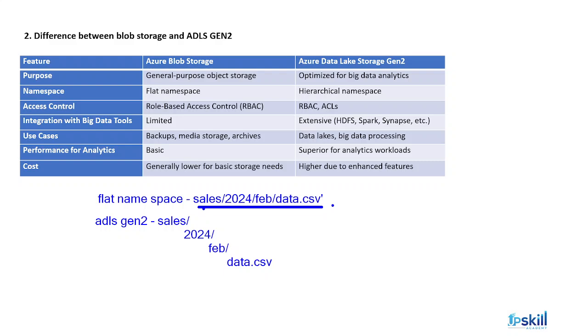You can consider this a kind of virtual folder creation in blob storage. But in ADLS, first the directory gets created, under the directory we can create multiple folders, under the folders we can create files, and under files we can save our actual data. That is called a hierarchical namespace, and maintaining this hierarchical namespace is faster compared to only creating files. That is the important difference between blob storage and the ADLS Gen2 account.